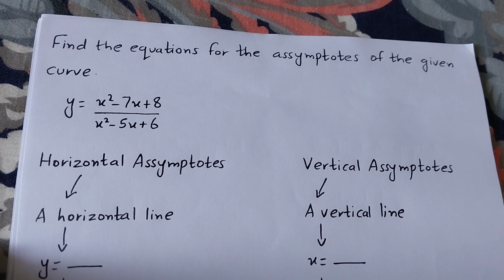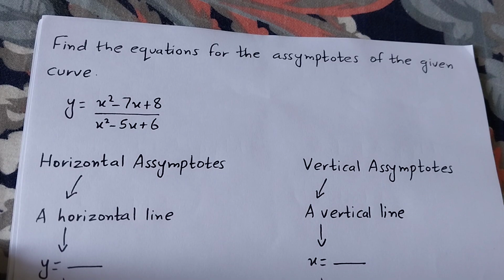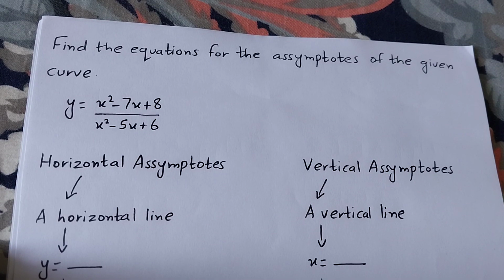So there are two kinds of asymptotes. One is horizontal asymptotes and the second one is vertical asymptotes. And vertical asymptotes, as the name suggests, are vertical.